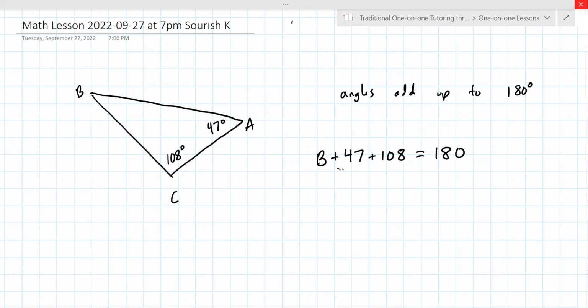Did you add up 47 plus 108? Oh, you should add them? Well, you're gonna add them before you subtract, and that is the correct order with the order of operations and solving. So go ahead and add those together and let me know what you come up with.